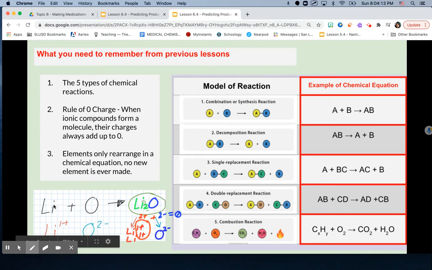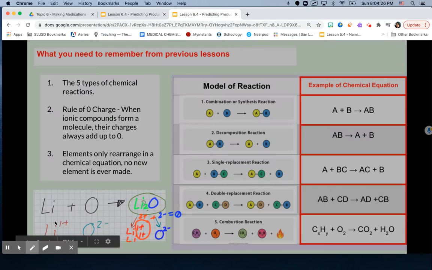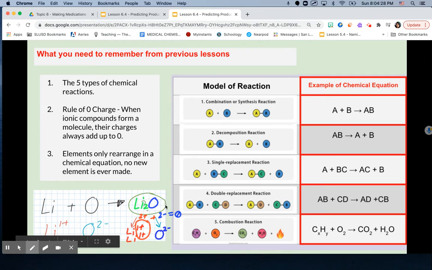So if I start with Li and O, at the end, I should have at least 1 Li and 1 O. There's not going to be a random element like Na or C that pops up because it wasn't part of our ingredients, right? So the only types of elements I'm starting with before the arrow are the only elements I should see after the arrow.